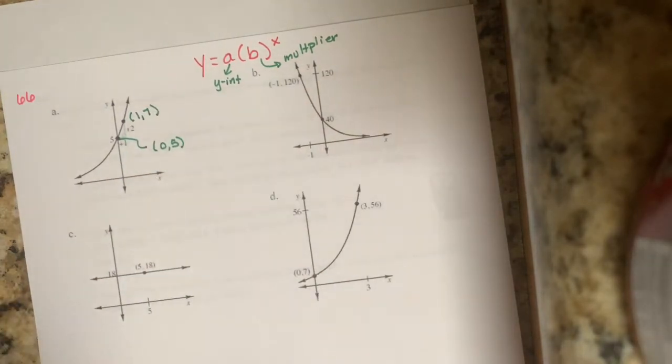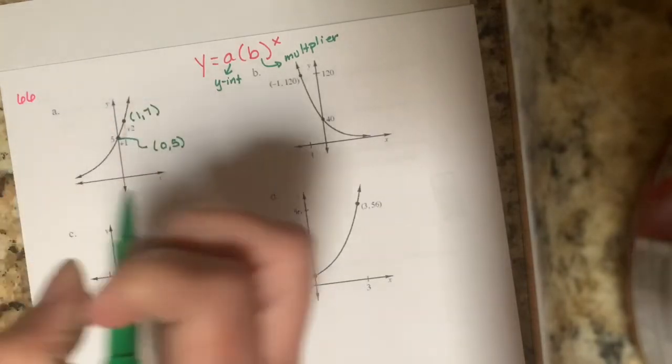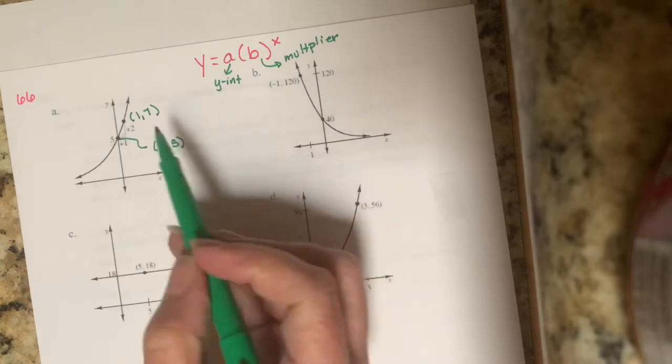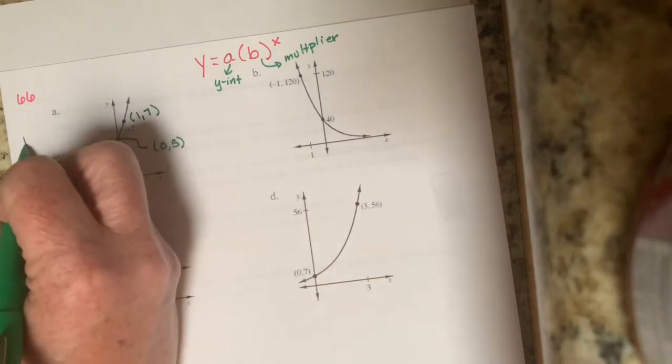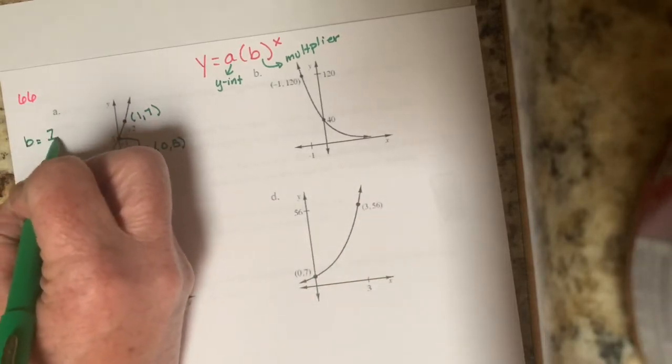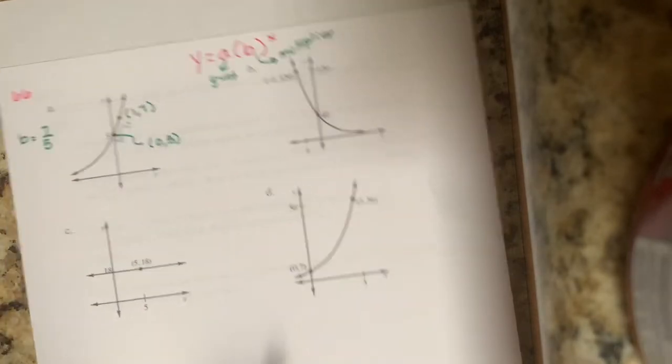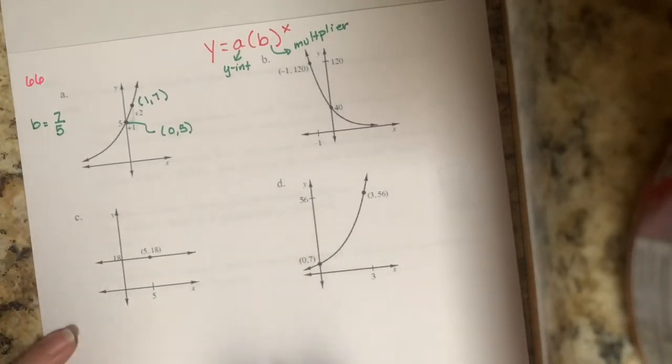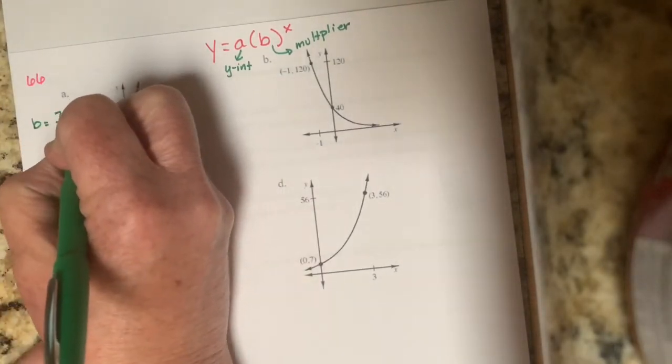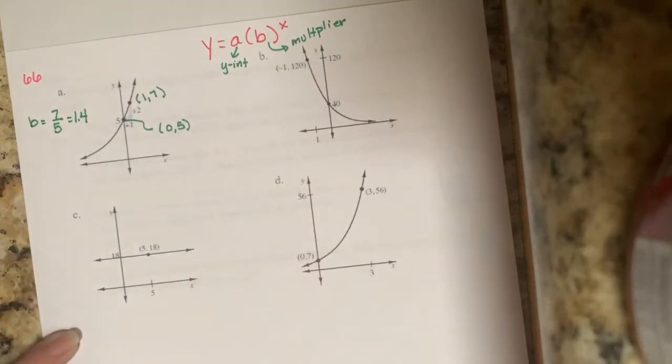That's going to be really important for us. In order to find our multiplier, we are going to take the new value, which is 7, and divide it by the old value, which is 5. So our multiplier is actually 7/5, or 1.4 if we want to do that.